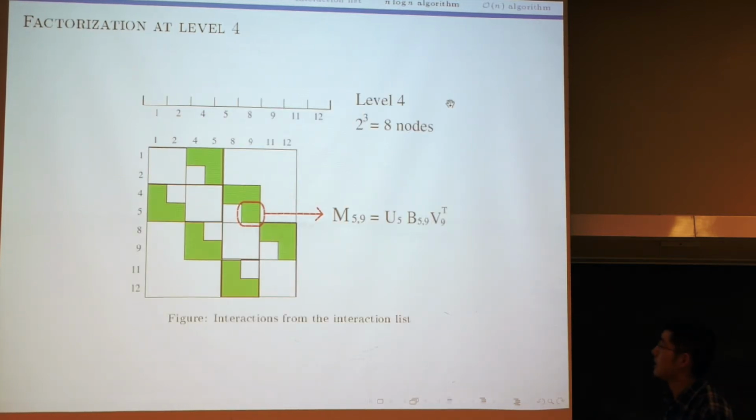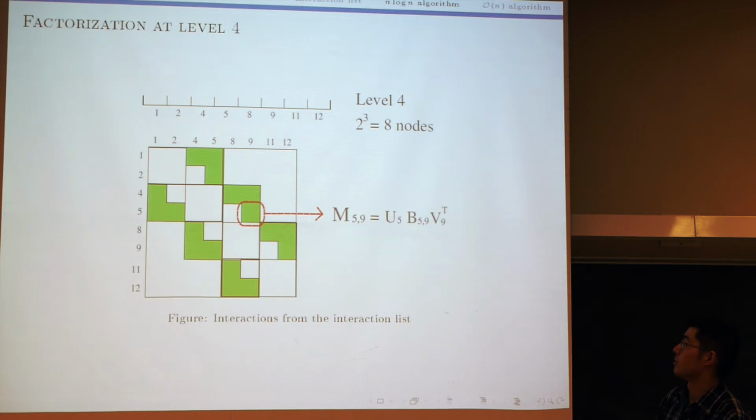For example, the green blocks here, say this block, denote the interaction list: the interaction between a node I and a node J, where J is in the interaction list of node I. Say for node 5, node 9 is in the interaction list of 5.